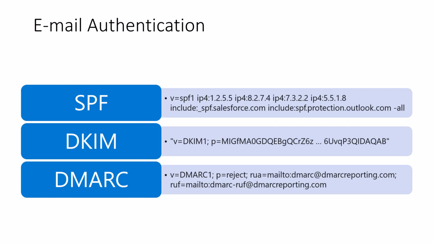So we have different policies, which is identified by the P equal, and in this example, it's reject. So if we have set the policy to reject, it means that the receiving servers will automatically reject emails coming from us, unless it's compliant with what we have put in the SPF or the DKIM records previously.